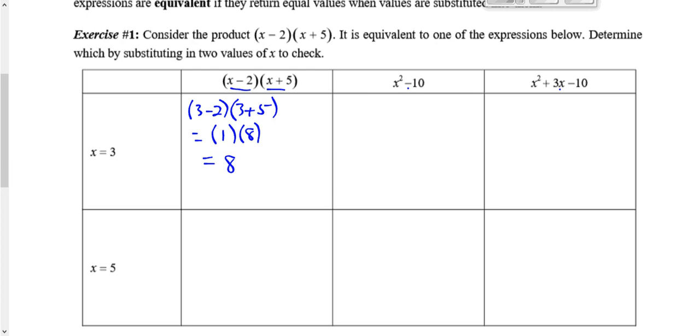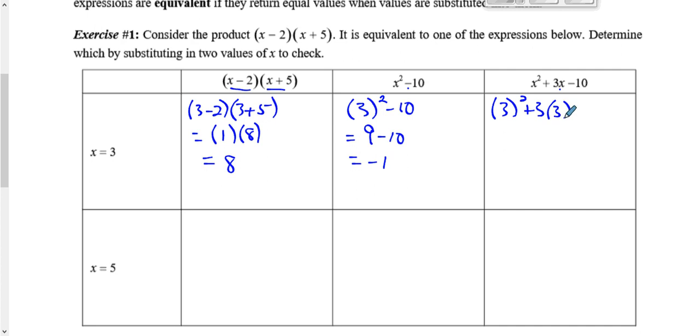3 squared minus 10. What's 3 squared? I swear to God, if someone says 6. 9. 9 minus 10. So they aren't equivalent, right? Let's try the third one. So 3 squared plus 3 times 3.